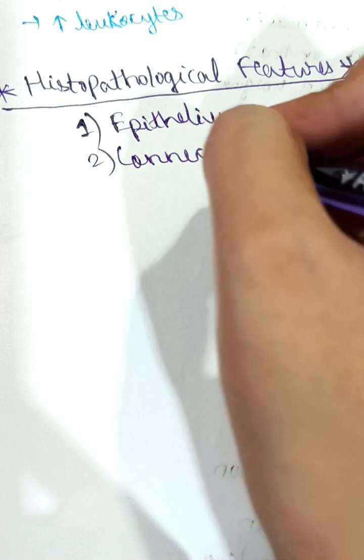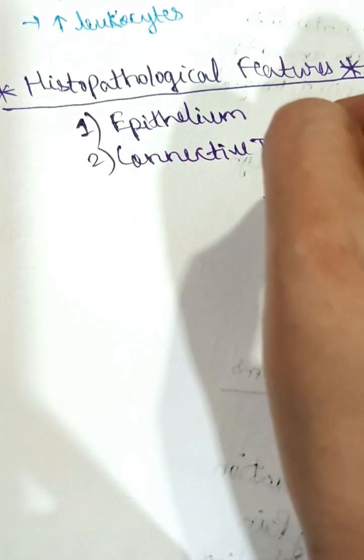Now let's discuss the histopathological features of the OE, which include changes in the epithelium as well as the connective tissue. What are the changes in the epithelium?